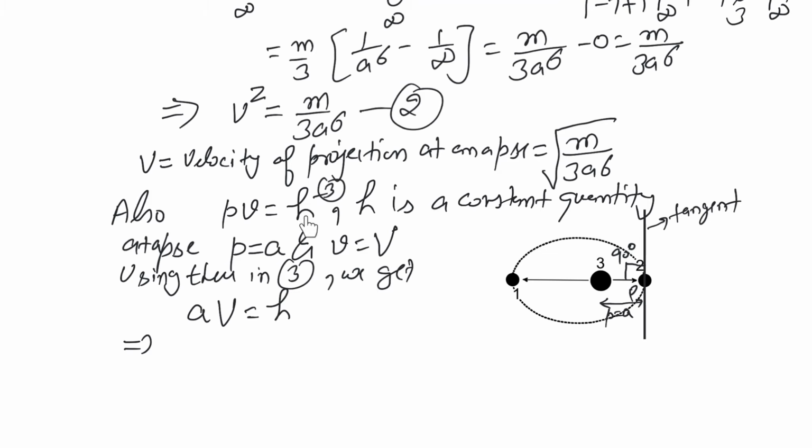This value can be found by using some condition, and this condition is at the apse. Squaring both sides, we get a squared V squared equals h squared. This implies that h squared is equal to a squared times V squared, and from equation number 2, V squared is m by 3 a^6.